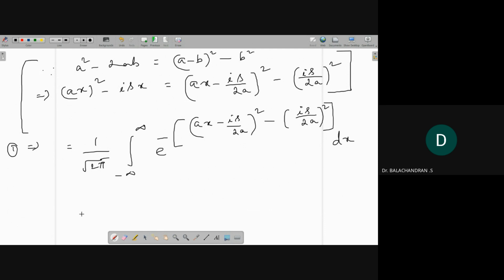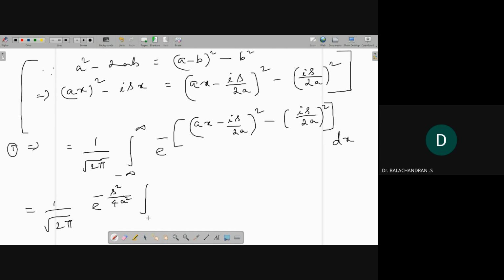Now this is equal to 1 by root 2 pi e power, since i square is minus 1, totally 3 minus signs. So e power minus s square by 4a square is independent of x, so I'll write it outside the integral.